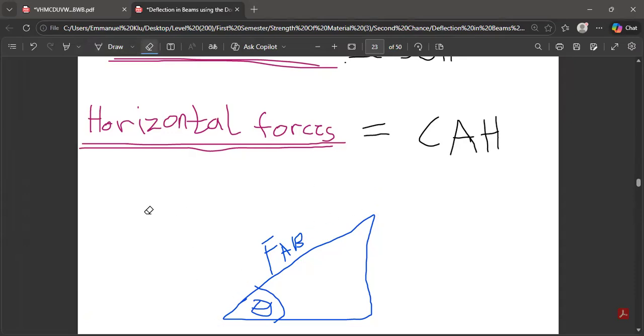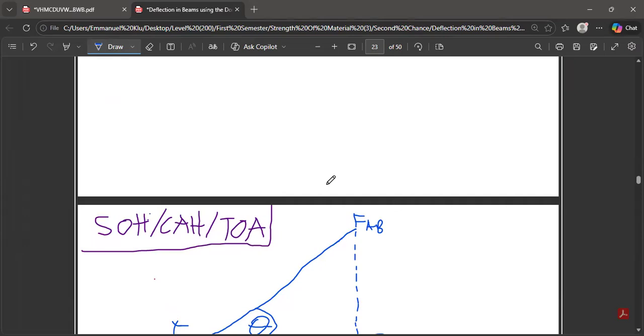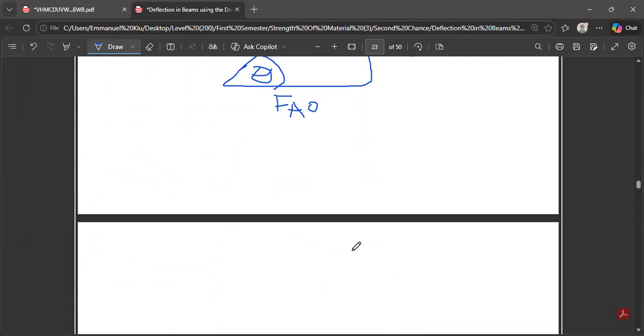Then the next thing we can also do is write here FBC. I can write here also FBC. Then I can put over here FAO.